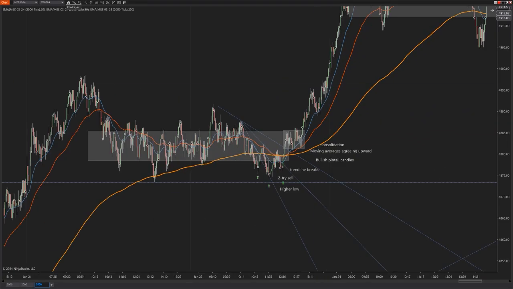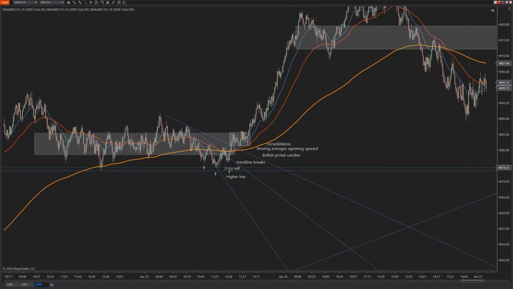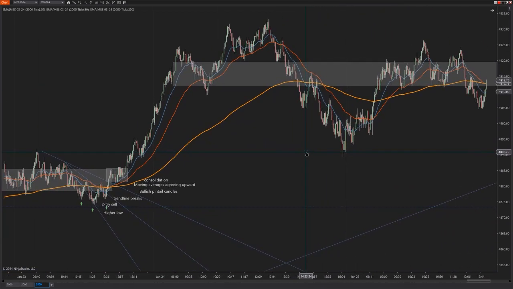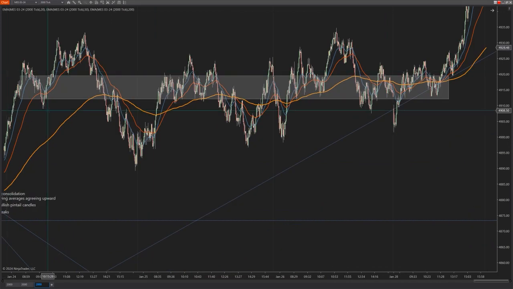Okay. So now let's go look at this other area, and we want to see if there's any similarities. Now, when I was first learning about ranges, I had problems with this being a range, with it being so violated to the top and to the bottom, until I understood the power of price consolidation.